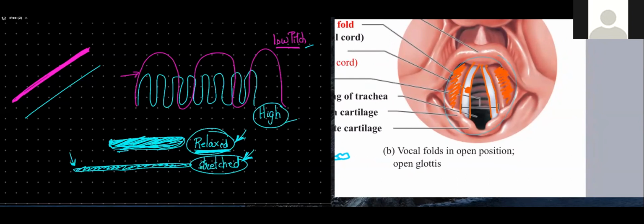As I keep stretching my vocal cords, this might result in something called the teacher's or singer's nodule. Singer's or teacher's nodule is simply a nodule that gets formed due to the irritation of the vocal cords. So again, vocal cords are formed of connective tissue.